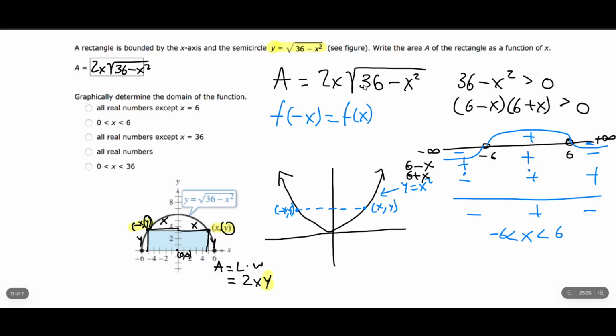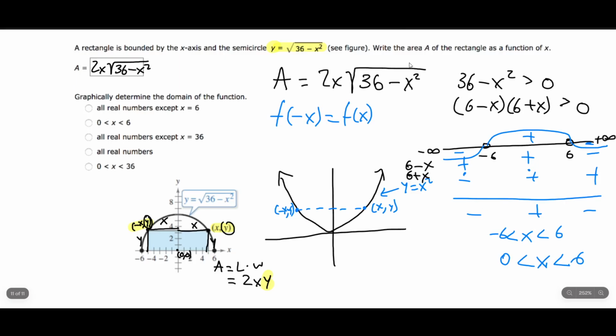So x cannot be negative 6, right? x cannot be negative 1. x cannot be 0 because open intervals, unfortunately. So using common logic here, x must be in between 0 and 6.